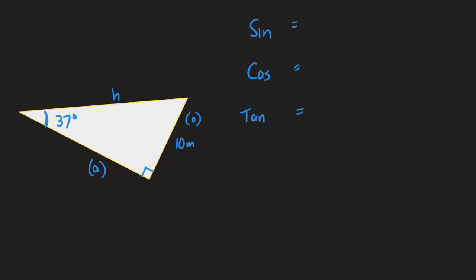In writing it out, fill in what you know. I know opposite over hypotenuse, adjacent over hypotenuse, and opposite over adjacent. And I know 37 degrees. Replace the side lengths with the side that you know. I did it as I was writing out my trig chart.